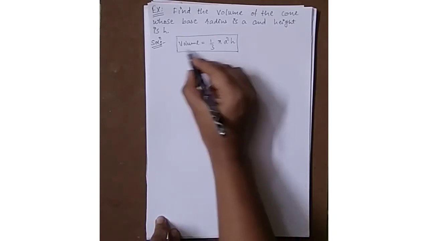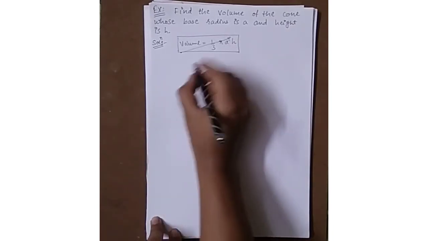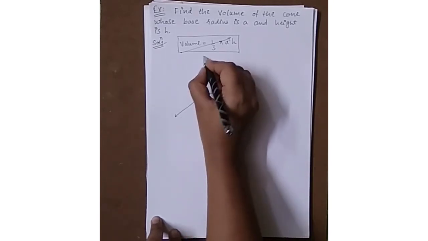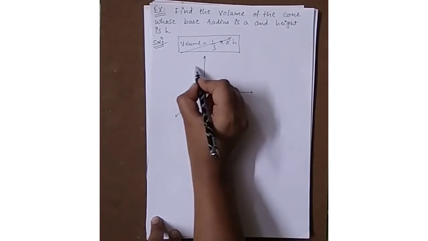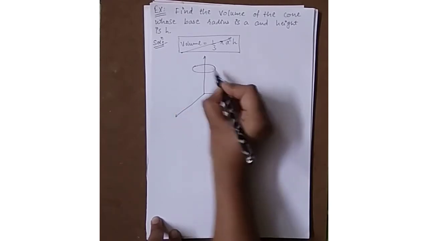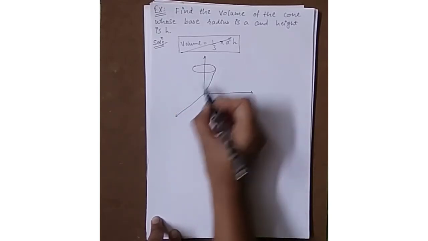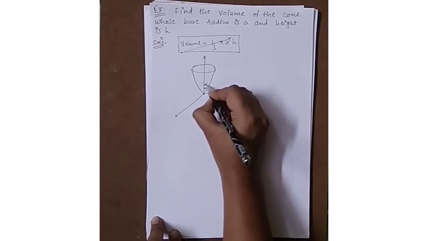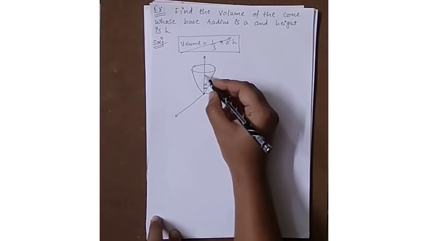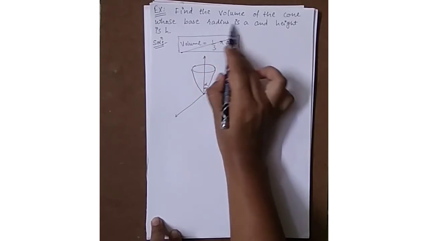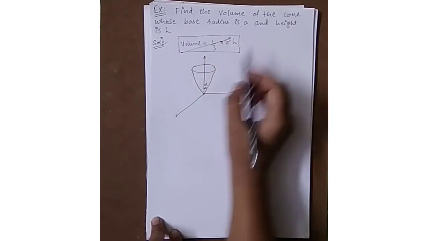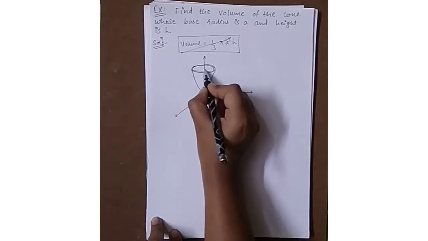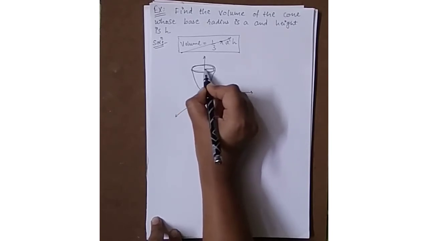So for that, I sketch the cone. Suppose my cone is like this, and this angle I call alpha, and the base radius is given, that is a. So this is my base and its radius is a.